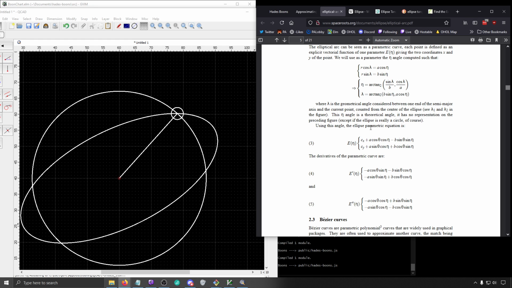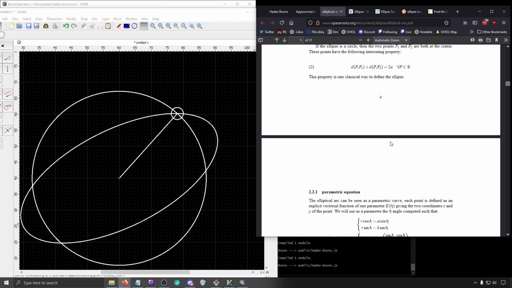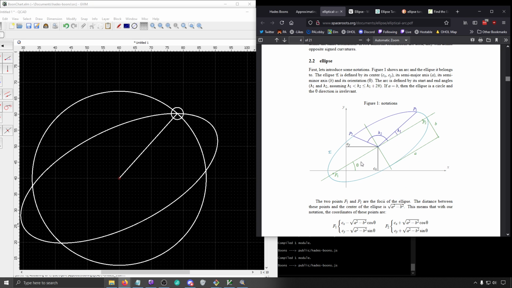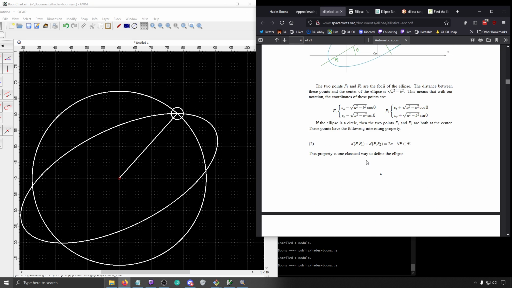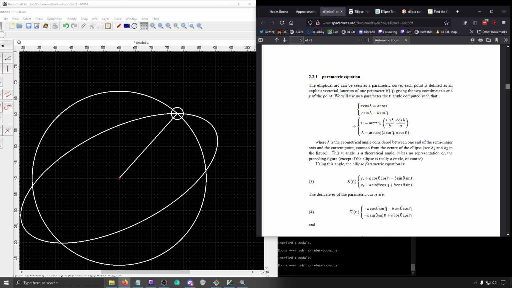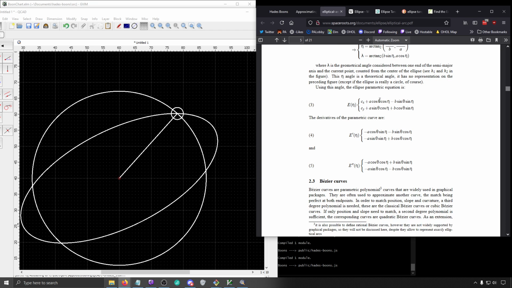Wait, the ellipse parametric equation. But now what's this? Because this is an ellipse of n. This is cos of what? Oh, the angle of the angle of the ellipse itself.